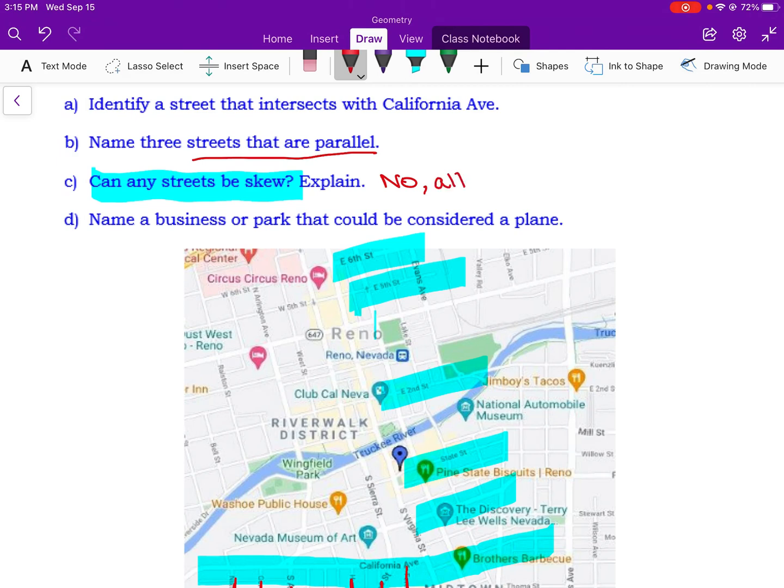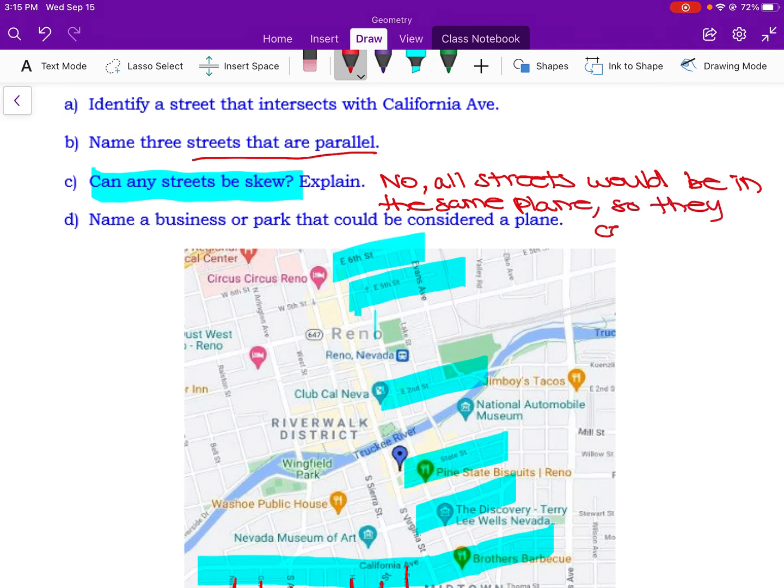So we would say no. All streets would be in the same plane, so they can't be skew. That's kind of our conclusion there. Can't be skew, because if they're all in the same plane, then they already are defying the definition right there.